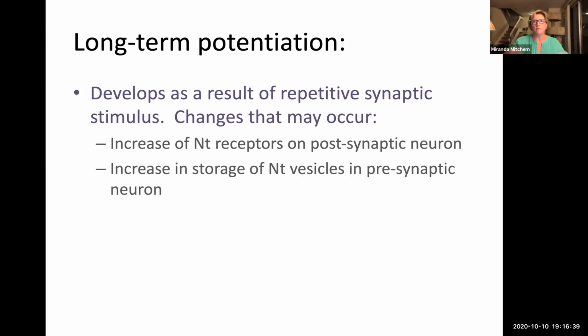That means more can be released quicker. That could mean there's a stronger gradient too. There's other reasons too. Maybe there's more receptors on the postsynaptic neuron that can deal with all of that neurotransmitter that is received.